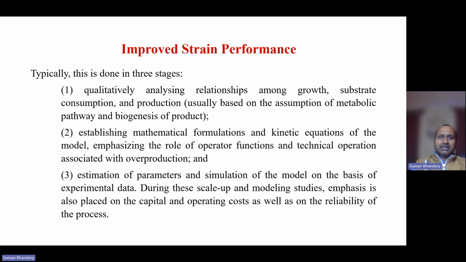First is qualitatively analyzing relationships among growth, substrate consumption, and production. The second is establishing mathematical formulations as well as kinetic equations of a model. The third one is estimation of parameters as well as simulation of the model on the basis of experimental data.